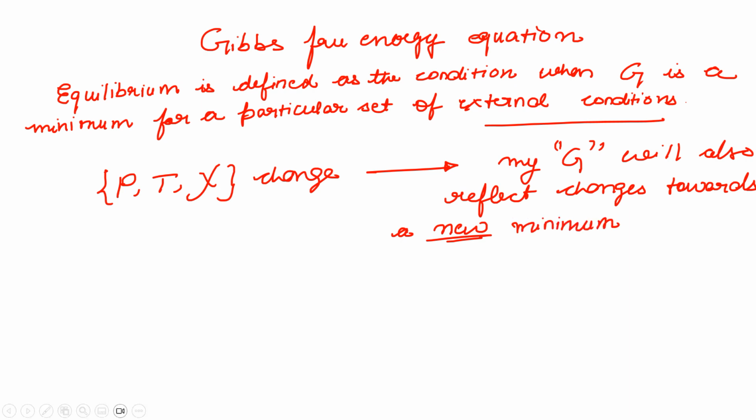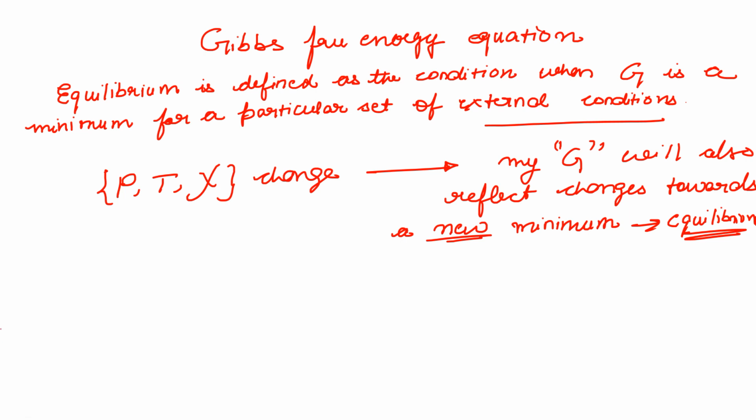As we said G is a minimum, so if we change the variables, my free energy will move towards the new minimum value, and that will be my new equilibrium.